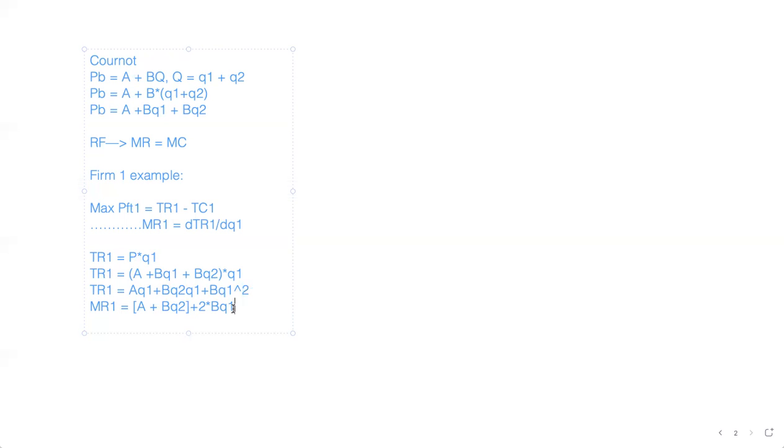So obviously this is Q1, but anything raised to the power 1 is just itself. So we leave it like that. So we have the marginal revenue expression. And then in all the problems that we're going to see, we'll already be given the marginal cost for the firm.